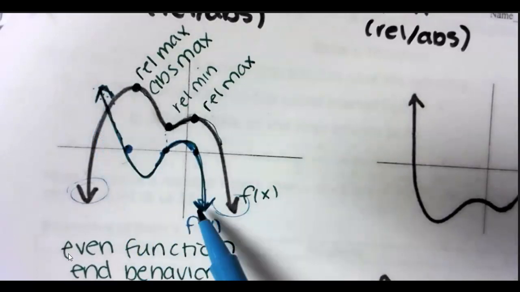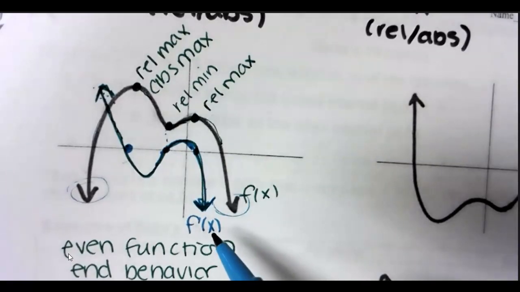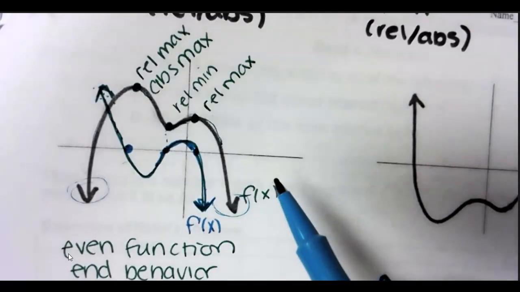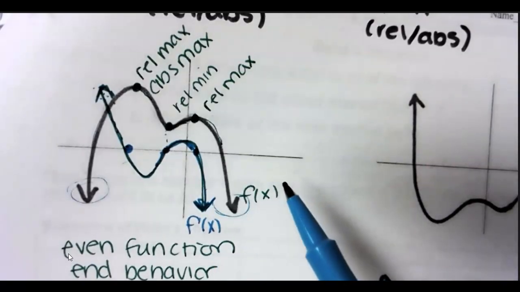If one's going up and one's going down, then the end behavior is opposite, therefore it is odd. Somebody might have said it, but it's really difficult to hear. You gotta scream at me. You have on masks, you're facing the wrong direction from me, and there's plexiglass.